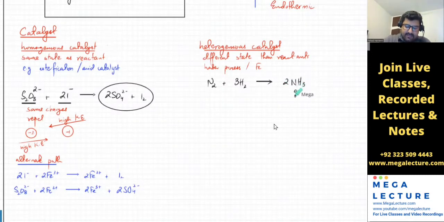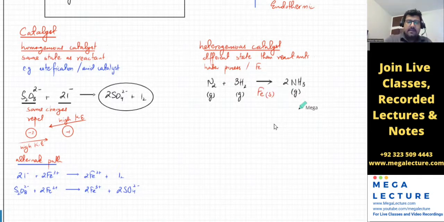All of them are gases. But the catalyst in this case is a solid. The catalyst is iron, and that Fe is a solid.